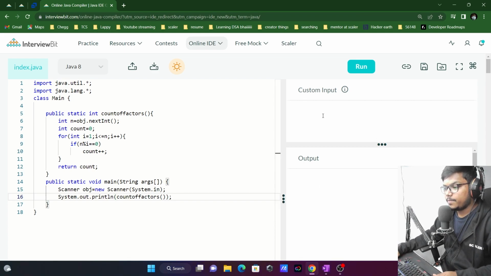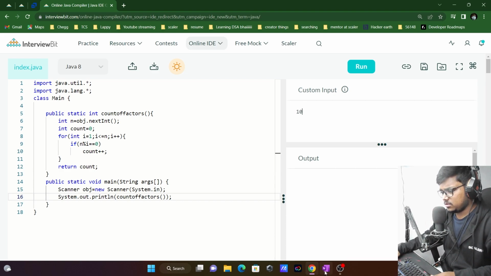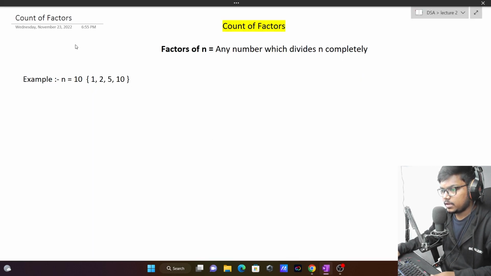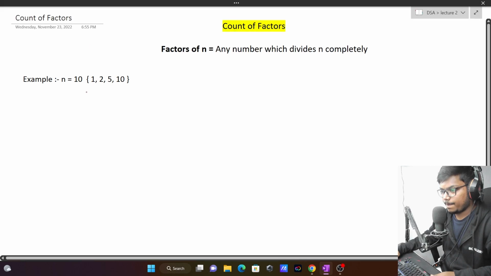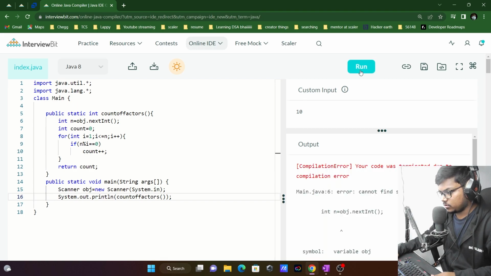Now for n equals 10, how many factors are there? There are 4 factors, so the output should be 4. Let's see, is it right or not?